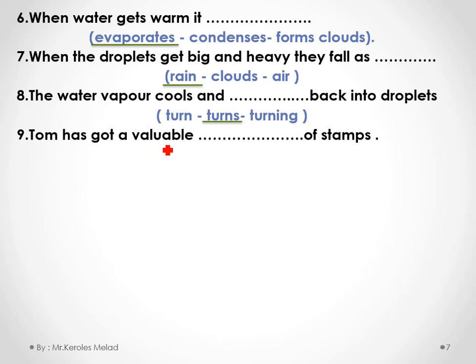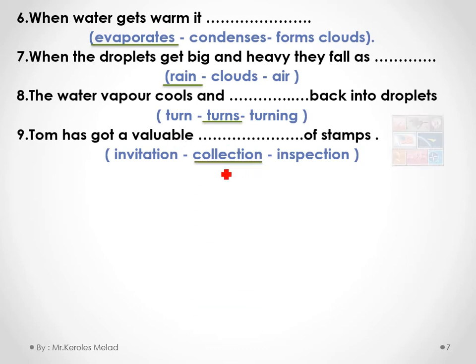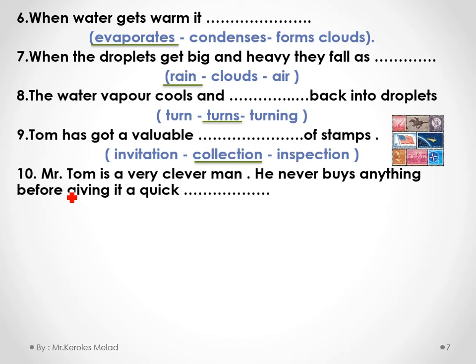Tom has got a valuable collection of stamps, like this picture. Number 10. Mr. Dom is a very clever man. He never buys anything before giving it a quick inspection to make sure that thing is helpful or good.